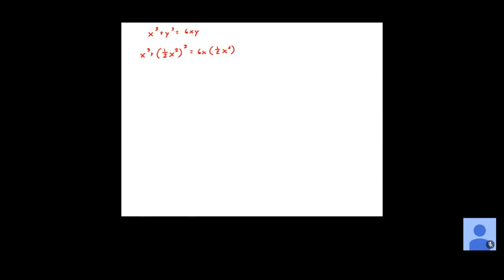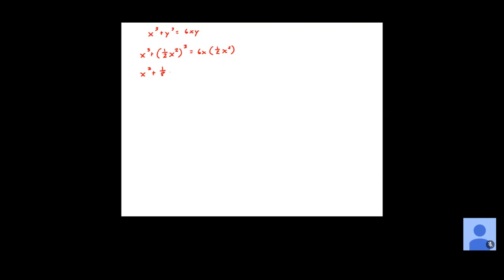All right, so now we just got to clean this up. So if we do this, we've got x cubed plus, if we cube this now, what's that going to give us? So what's 1/2 cubed? 1/8, good.